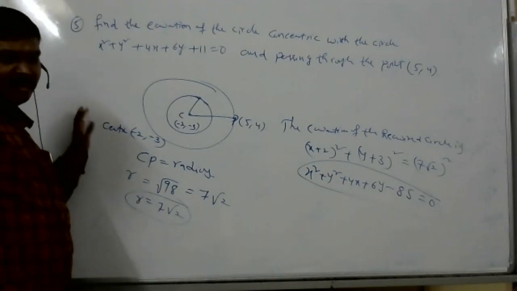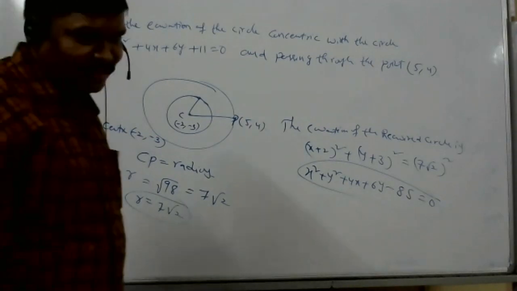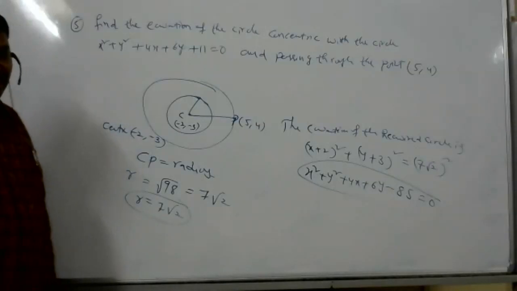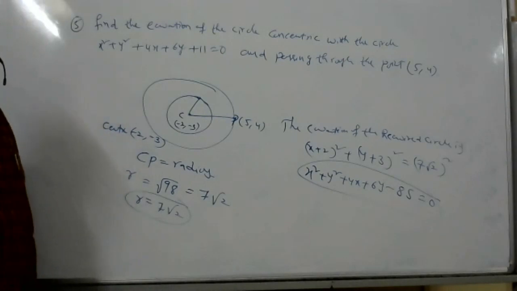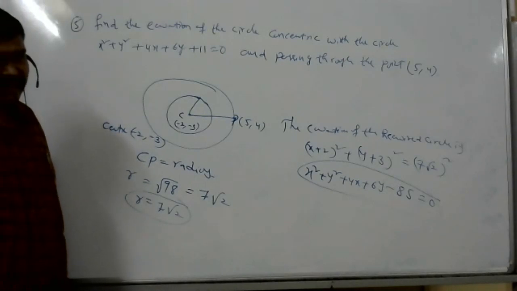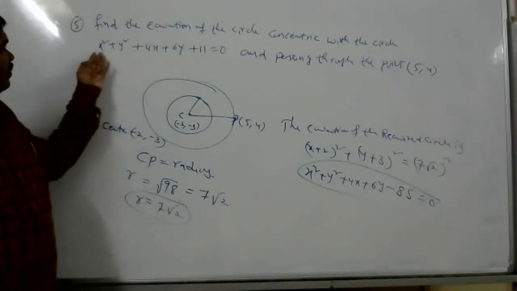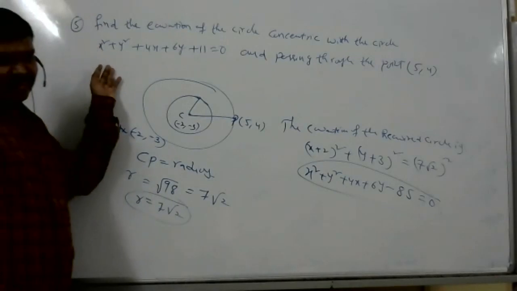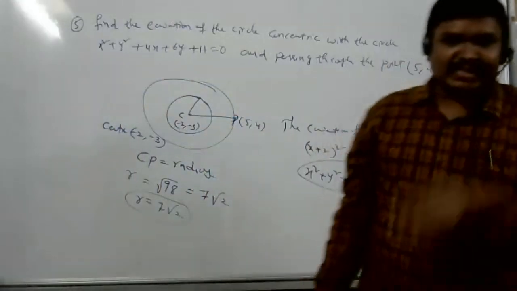This problem, alternate method, tell me, alternate method. Nagbhushan? Yes, sir. For x square plus y square plus 4x plus 6y plus 11 is equal to 0, the concentric circle is x square plus y square plus 4x plus 6y plus k is equal to 0.